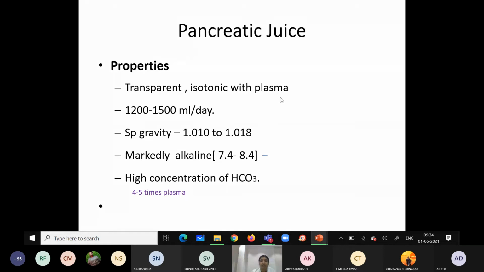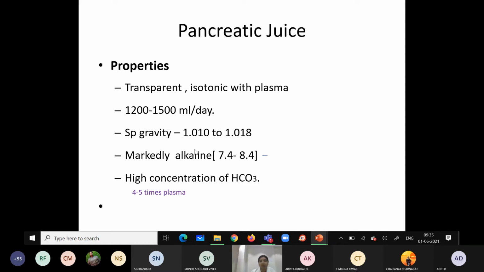We say it is isotonic with plasma, but whenever the stimulus occurs for secretion of pancreatic juice, this bicarbonate concentration increases almost 4 to 5 times that of the plasma. Meaning whenever the acidic chyme enters from the stomach to the first part of the duodenum, this stimulation increases it.